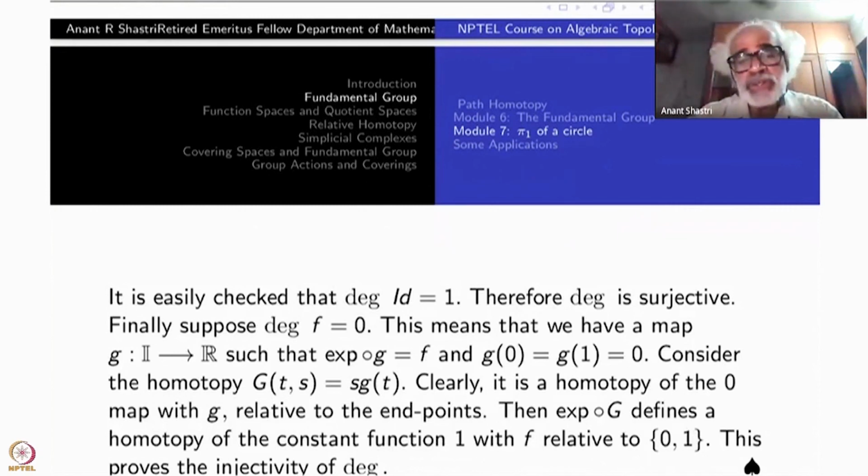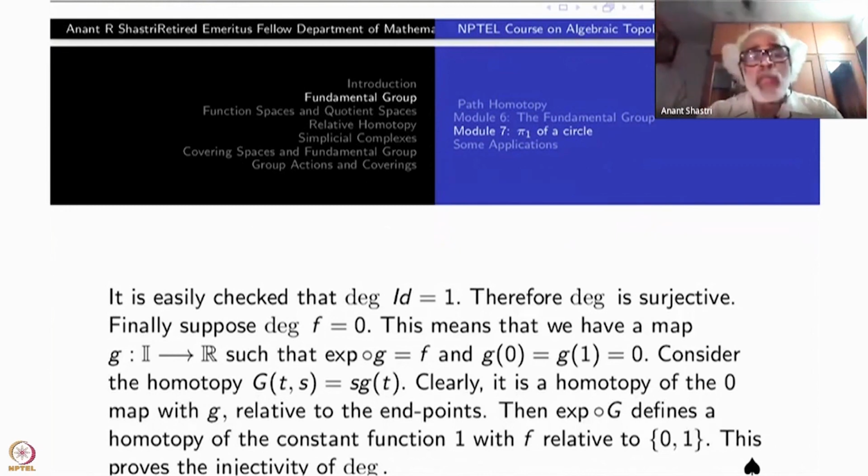So this is a path homotopy. Therefore, our f must be the 0 element of the group, I mean, the additive group, whatever it is, the identity element of the group.